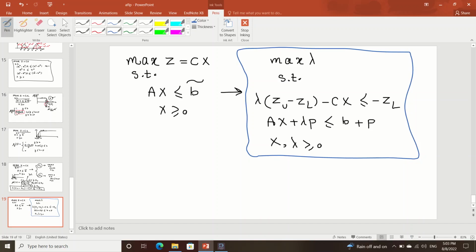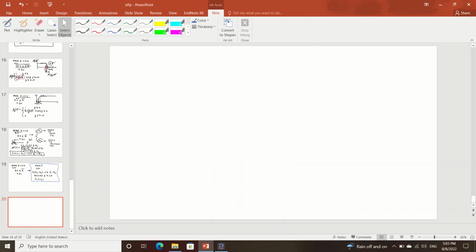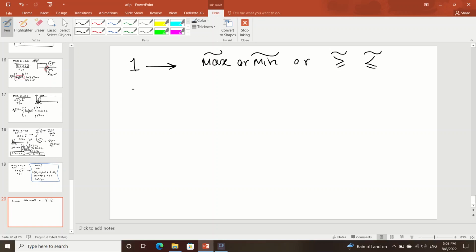and now we explain 4 states for fuzzy linear programming. The first state is related to maximum or minimum fuzzy, or constraints fuzzy. Constraints are considered fuzzy.